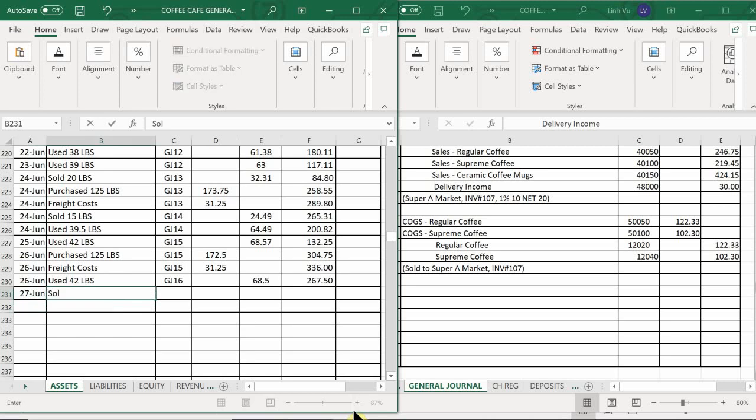We sold 75 pounds. General Journal 16. Our credit amount is 122.33. That leaves us with a balance of 145.17.